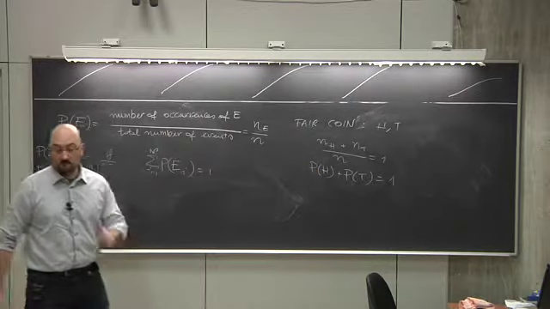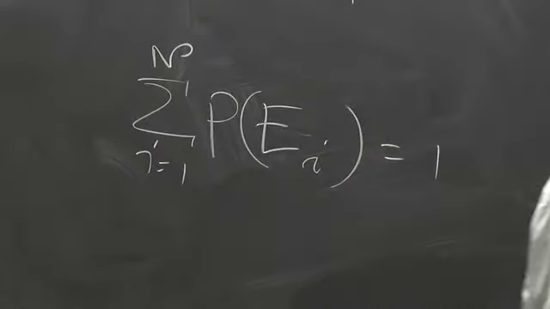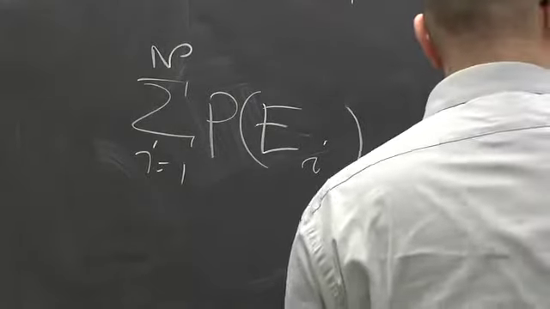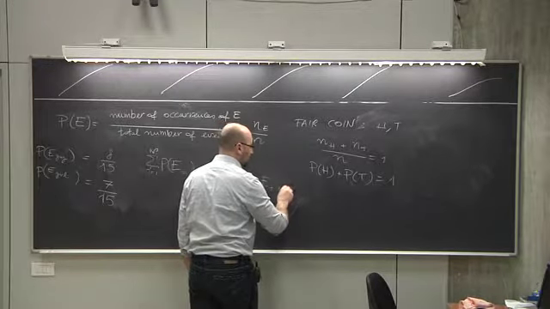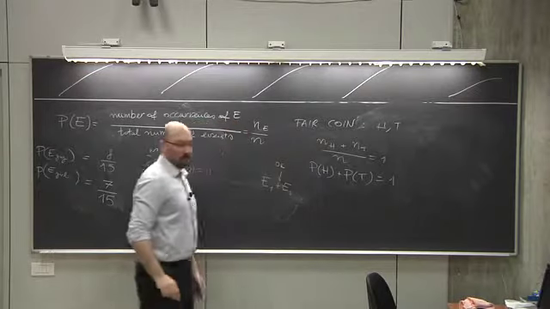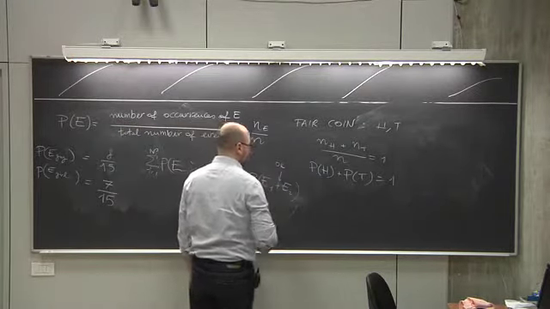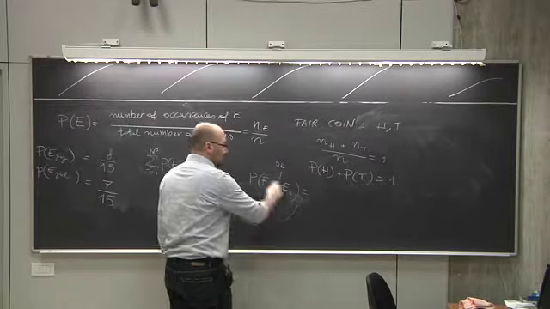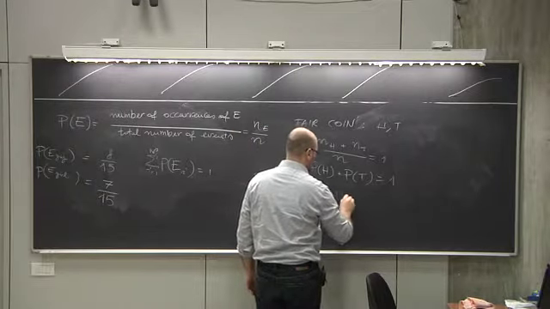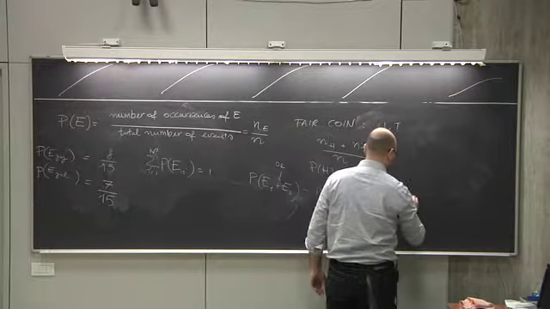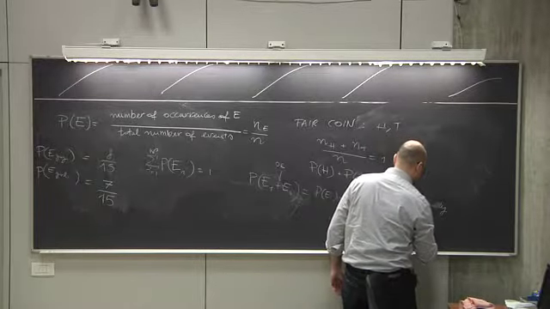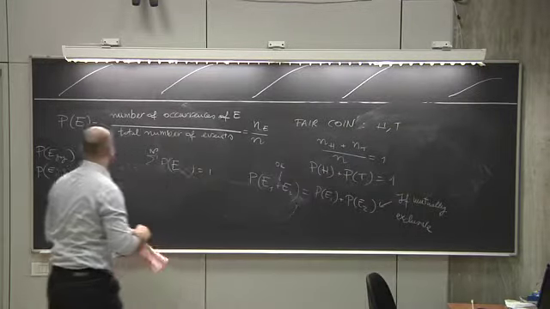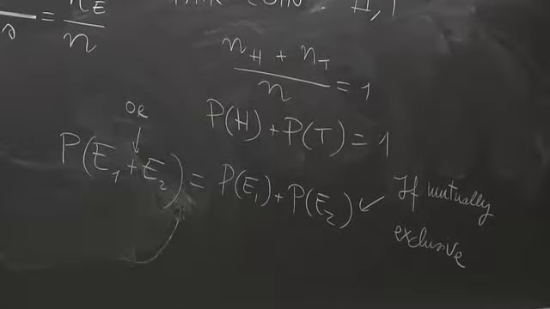If they are not mutually exclusive, the probability that we have event 1 or event 2, that we write with a plus, if they are mutually exclusive, is just the sum of the two events. If they are not, that's not the sum.